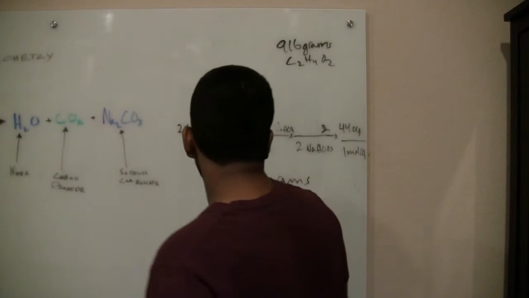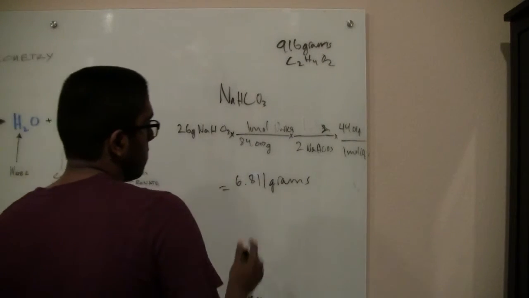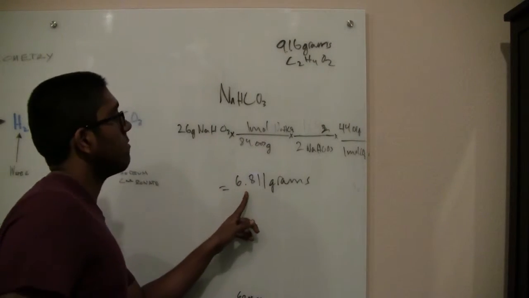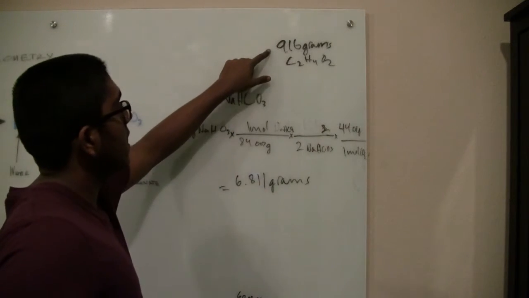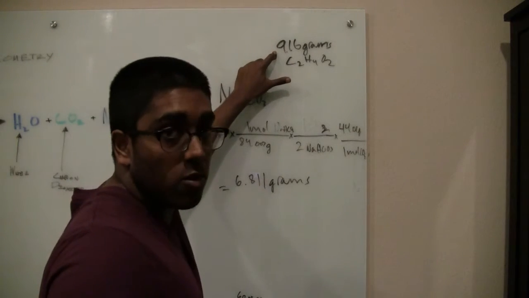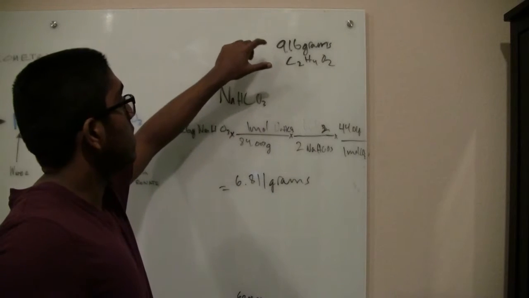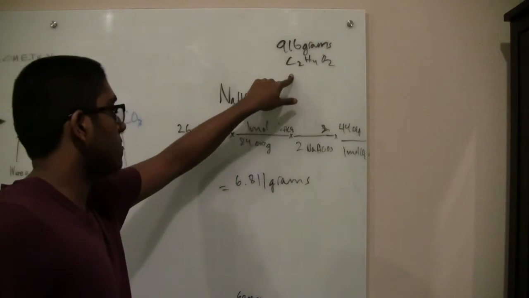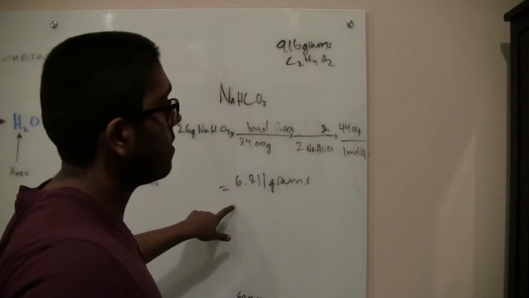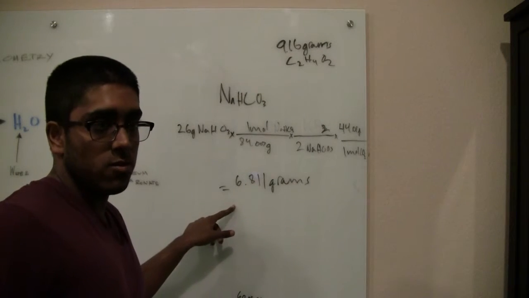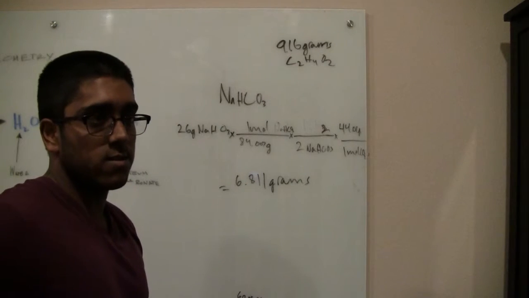So since sodium carbonate generates 6.811 grams and acetic acid generates 9.16 grams, acetic acid would be the excess reactant and sodium carbonate would be the limiting reactant because it's less.